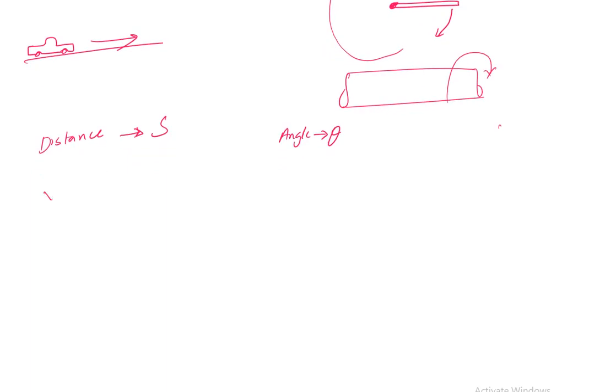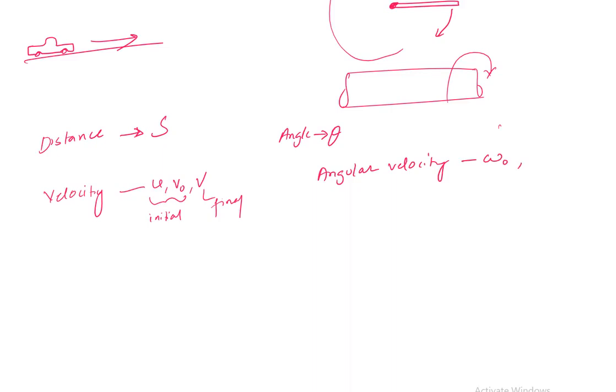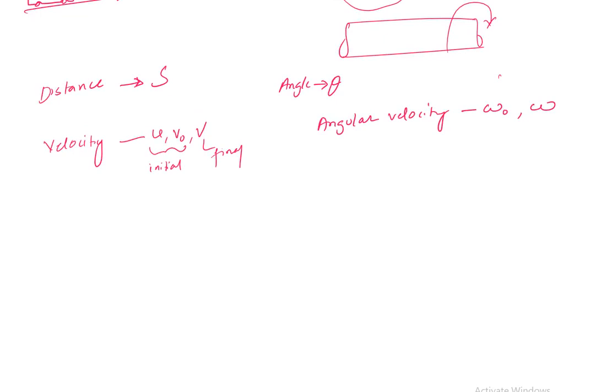Here we have said velocity, either u or v naught or v, right? We have said initial, and this is final. Here we'll say angular velocity. Angular velocity is omega naught and omega. Here unfortunately we have to go with subscript.